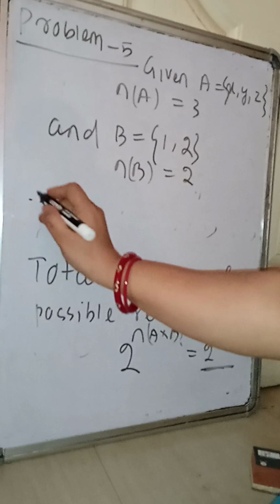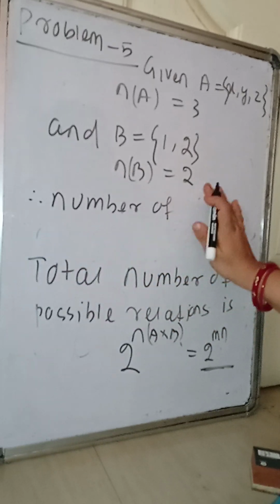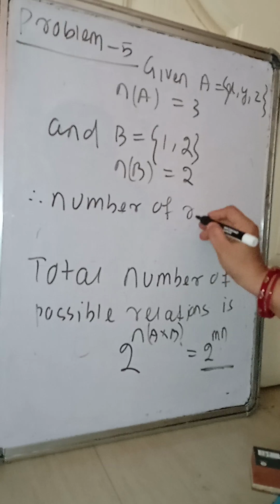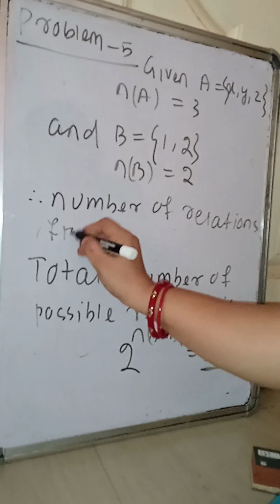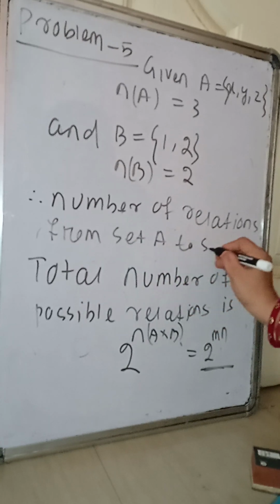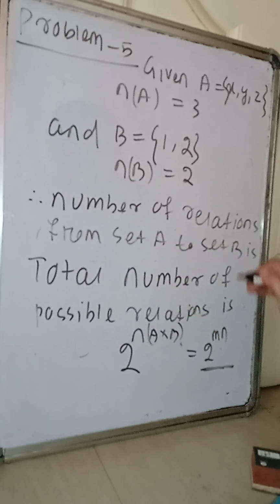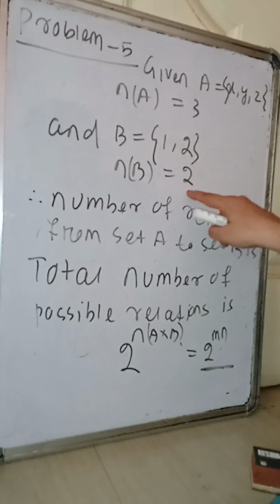So the number of relations from set A to set B is given by the formula 2 to the power MN. M means the number of elements of A, which is 3, and N means the number of elements of B, that is 2.